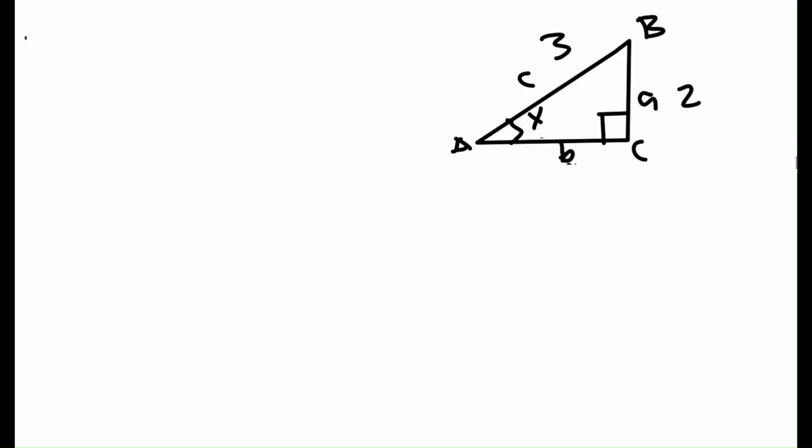Now this time, we will be looking for the angle. What if you were given side A as 2 and side C as 3? And we will be looking for our angle A. Side A is our opposite, while side C is our hypotenuse. So we can use sine. Sine x is equal to the opposite, which is 2, over the hypotenuse, 3.